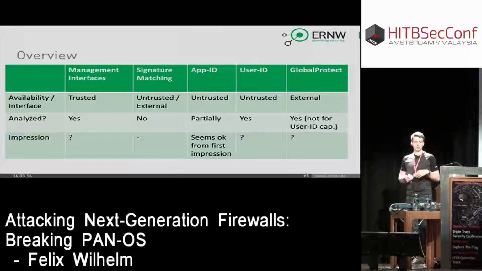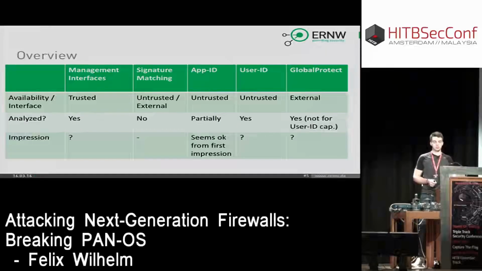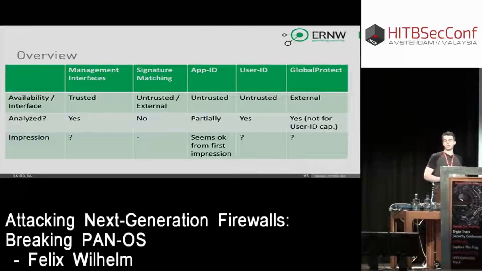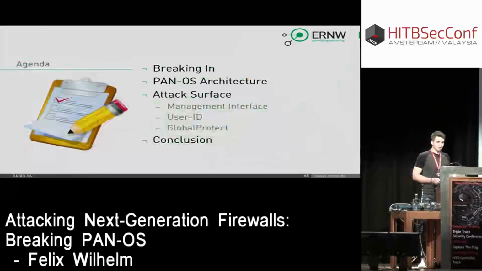User-ID is more interesting because normally you have untrusted office networks where the User-ID functionality is accessible to an attacker. And of course, a GlobalProtect VPN, if you use it as a remote VPN, will be accessible completely from the internet. So this makes it a really interesting attack surface for us. So the agenda of this talk basically is we are breaking in.